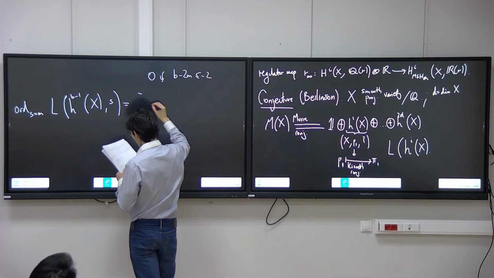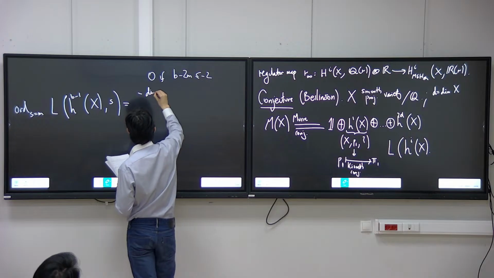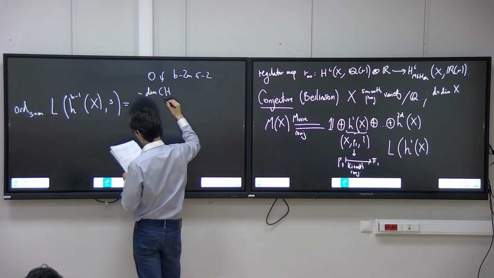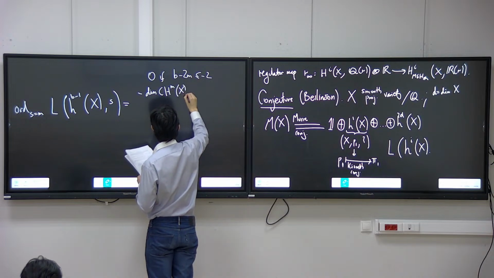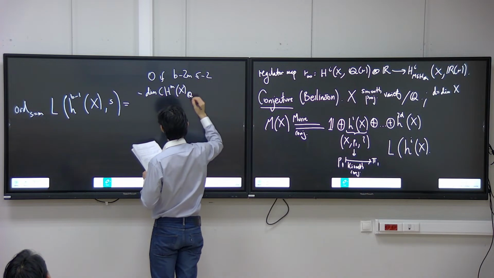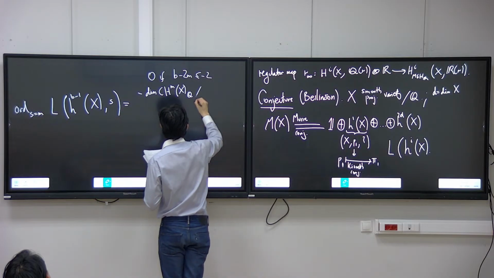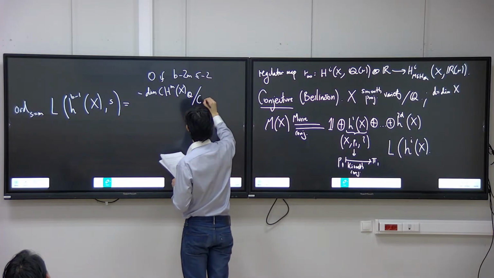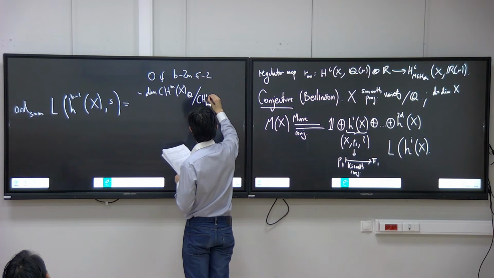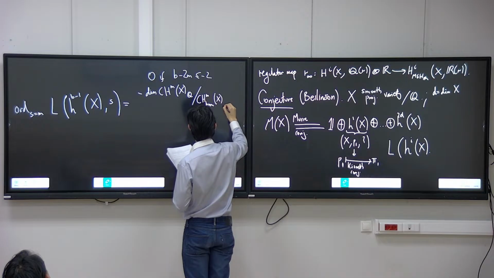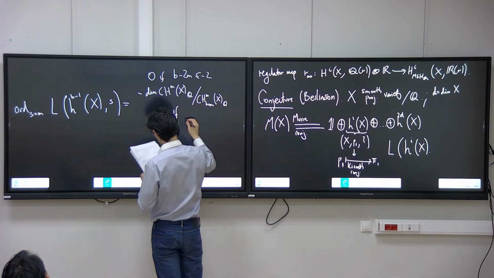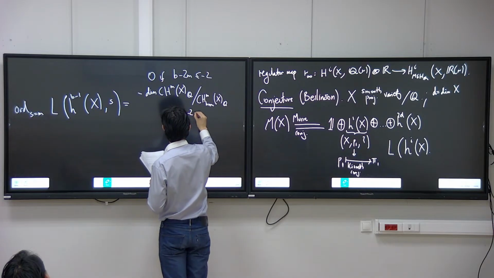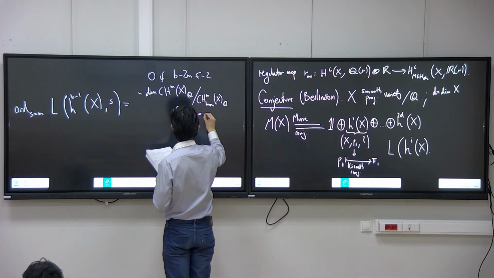It's equal to minus the dimension of the rational Chow group of codimension m, quotiented out by the Chow group up to homological equivalence, if b-2m is equal to -1.